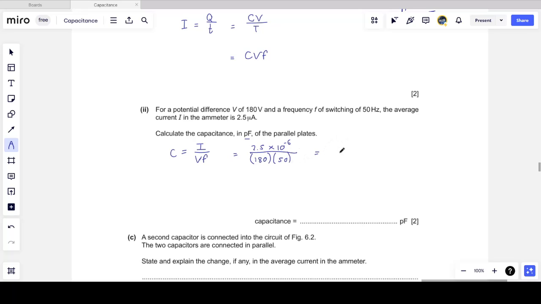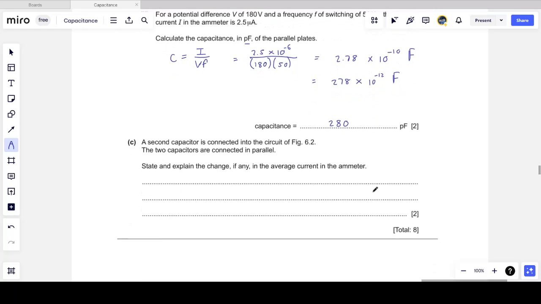And I get a capacitance of 2.78 times 10 to the minus 10 farads. But I need to get picofarads, which is 10 to the minus 12. And so I can write this as 278 times 10 to the minus 12 farads, or 280 to two significant figures, 280 picofarads. Again, a very small capacitance.